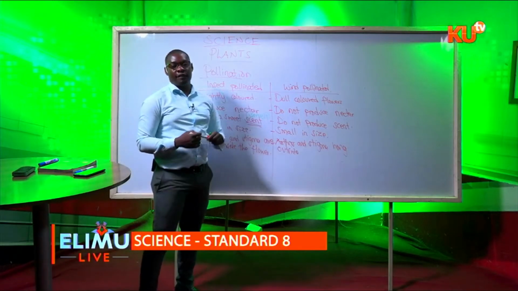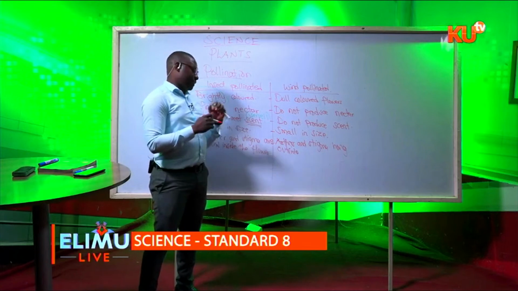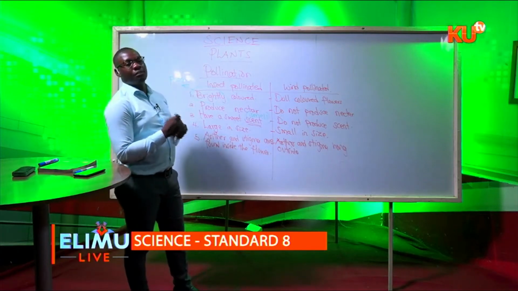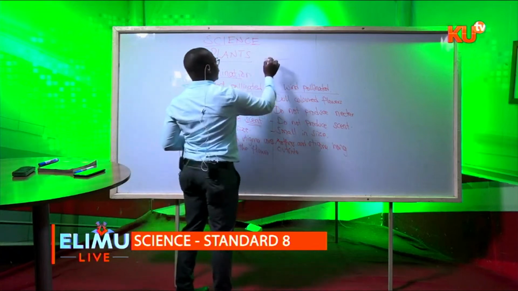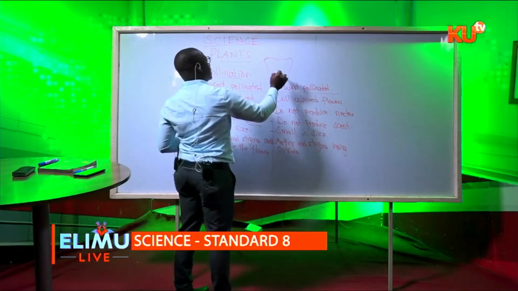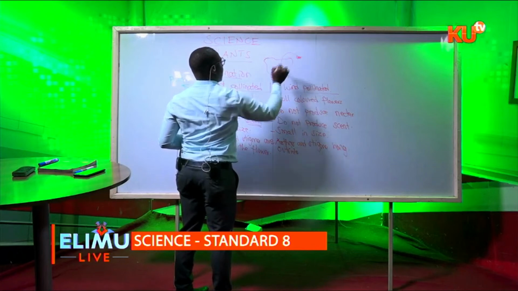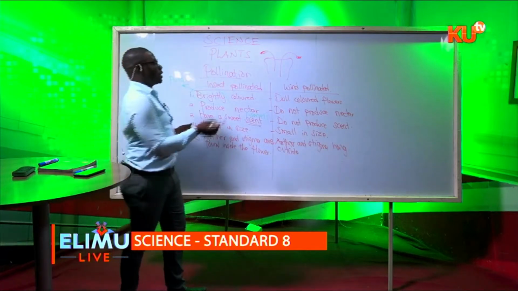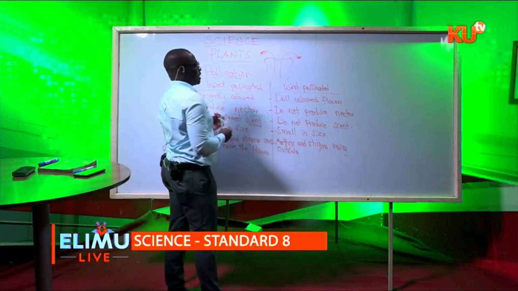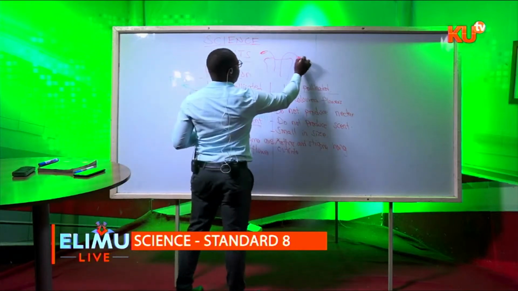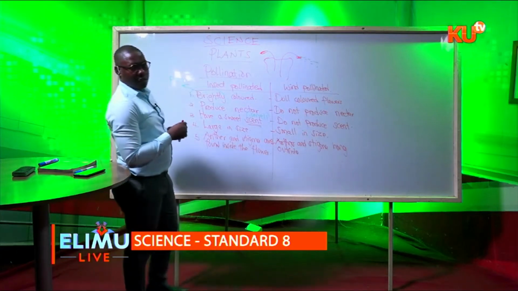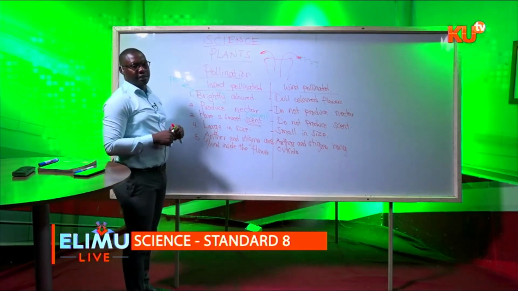For wind-pollinated flowers, the anthers need to be outside, because as the wind is blowing, it will be able to blow away the pollen grains, and they will move together with the wind. Remember, the definition of wind is moving air.